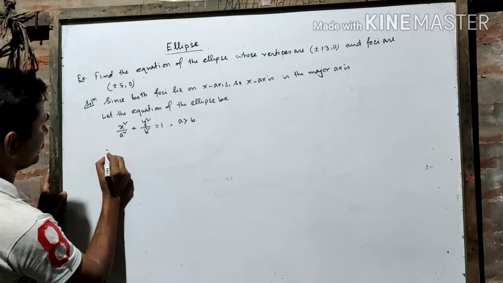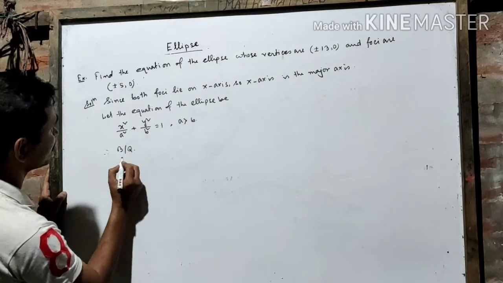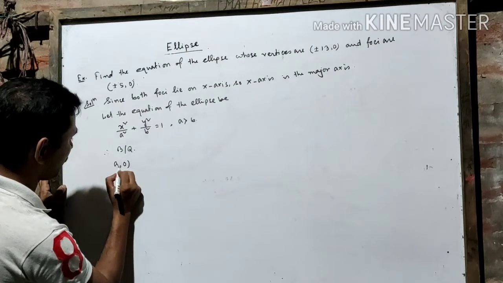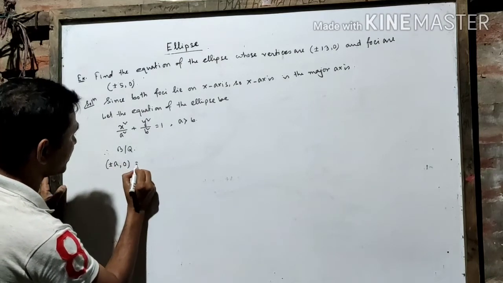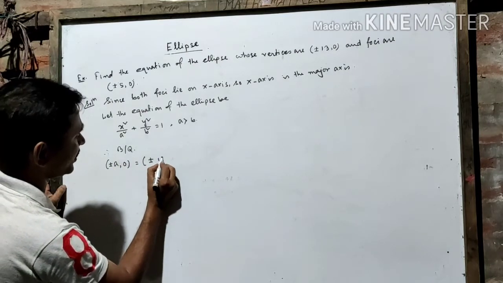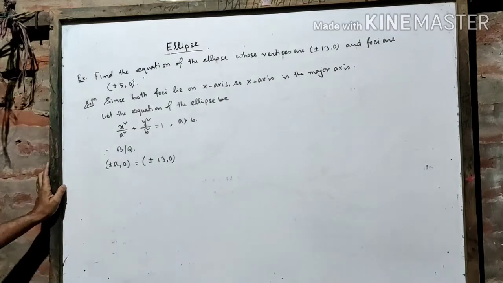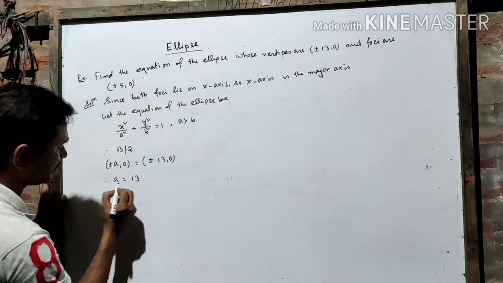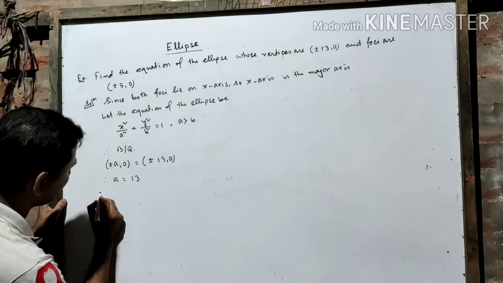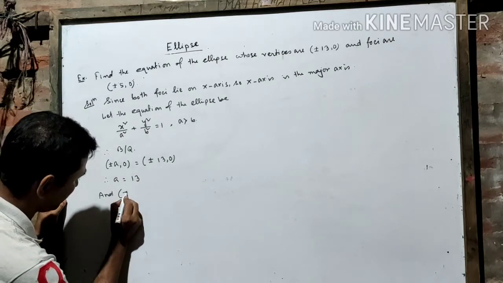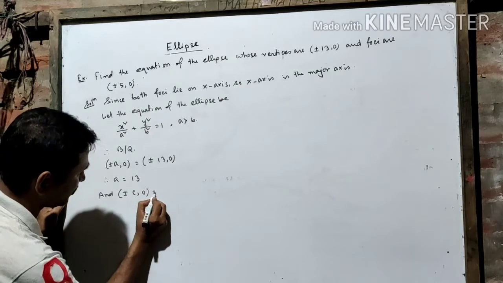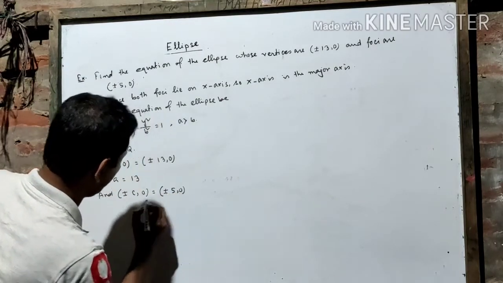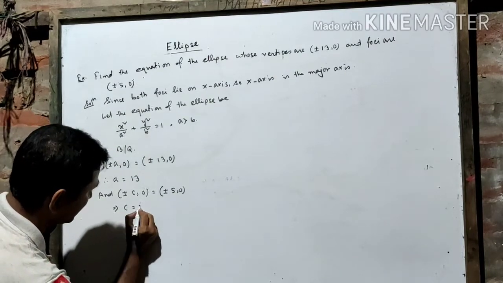Therefore, by question, plus minus a,0 is equal to plus minus 13,0. Therefore, a is equal to 13 and plus minus c,0 is equal to plus minus 5,0. This implies c is equal to 5.